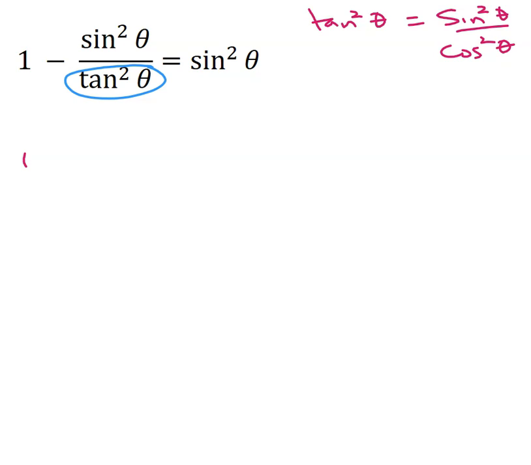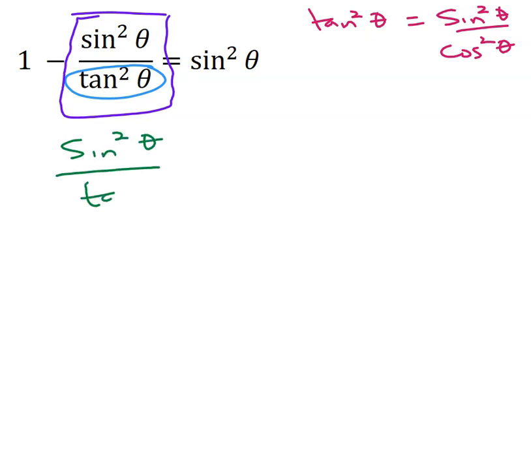Well, let's go ahead. The first thing I'd like to do, just to make things simple, is to go ahead and simplify these right here. So what does that look like? Sine squared theta divided by tan squared theta is the same as sine squared theta divided by sine squared theta over cosine squared theta.